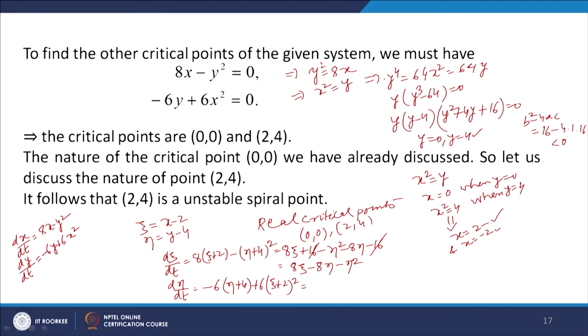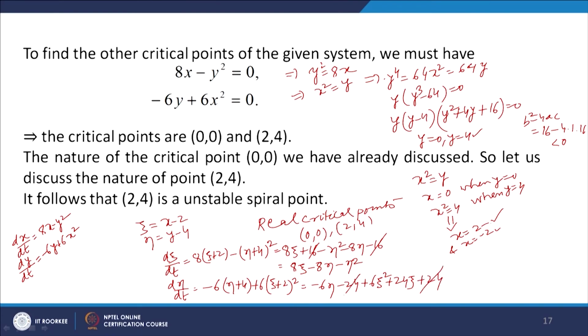So, we get minus 6 eta minus 24, and here we have 6 xi square and we have 4 xi. So, 24 xi, and then 4 into 6 is 24.